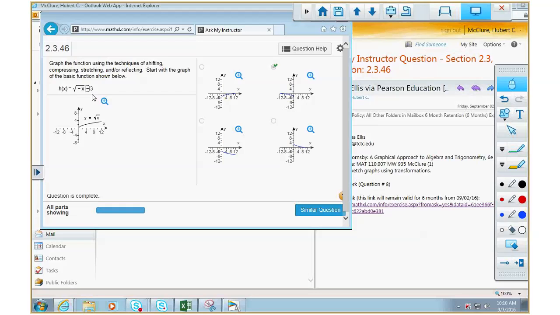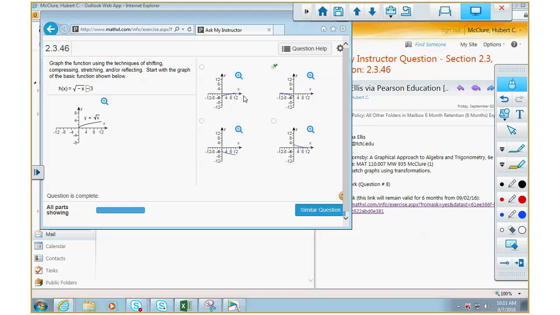Now, this negative x that's in there, first of all, it'd have to be going downward. So it'd have to be down here, negative, looks like that one. This one's not it because that's a positive.